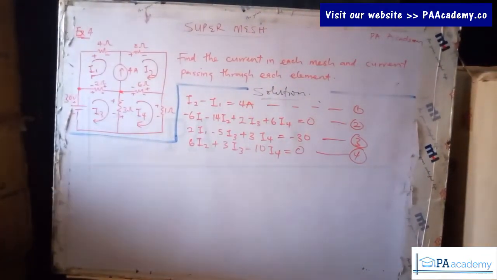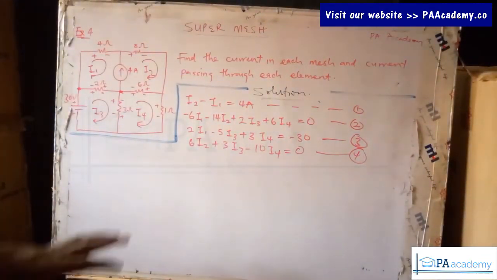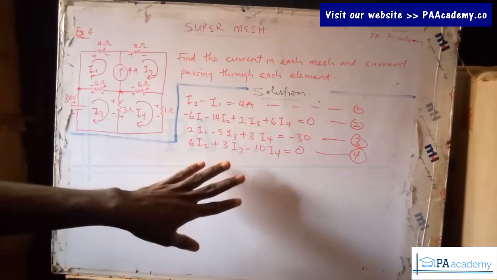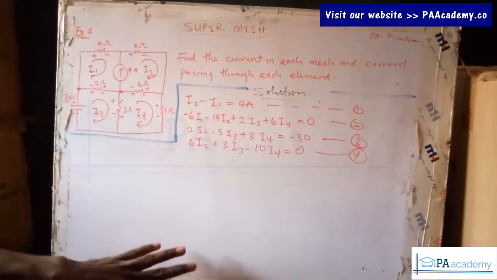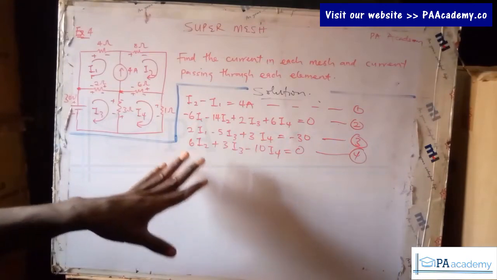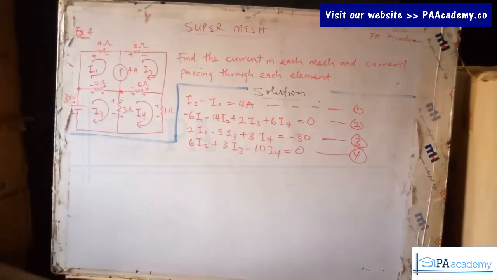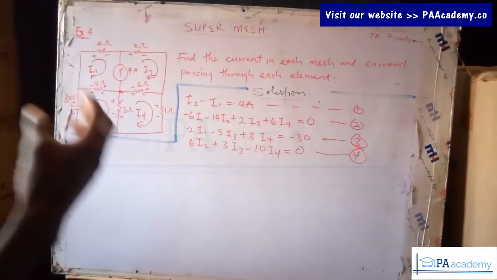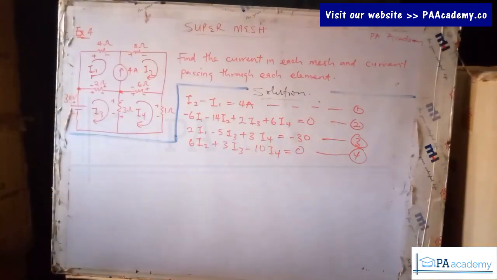Now at this stage, we are going to do some substitution so that we can reduce these equations into 3, such that we are still going to get I1, I2, I3, and I4. That's why I said this particular example is different from the previous ones we were looking at. We have 4 currents that we are actually looking for, because we have four meshes.